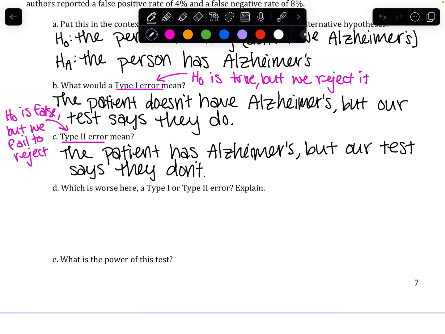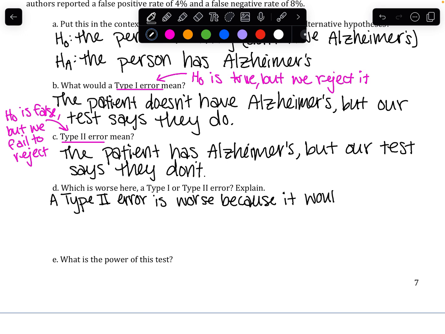Okay, so which scenario do you think is worse? I'm going to go with type 2. If you disagree, feel free to write your sentence for type 1. So I'm going to say a type 2 error is worse because, and notice I picked one. I'm not waffling, I'm picking one.